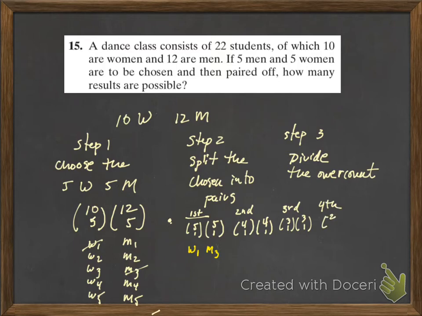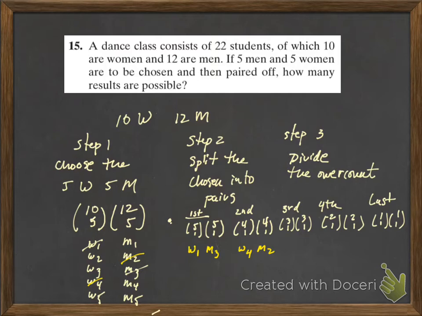And now we have 2 women remaining, 2 men remaining, and our last pair is 1 choose 1 because we only have 1 woman remaining and 1 man remaining. Okay, so back to this illustrative purpose here. Let's say in this second case we chose woman 4, man 2. That's certainly a possibility for the second pair.